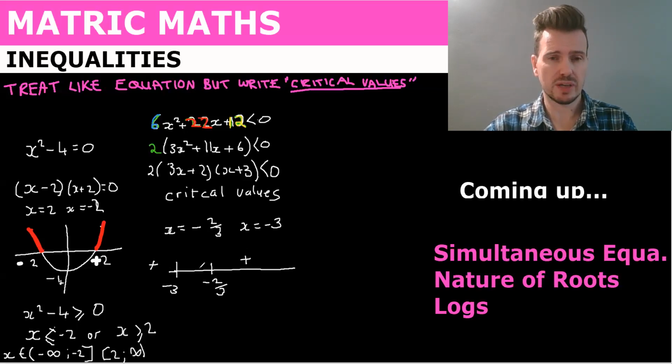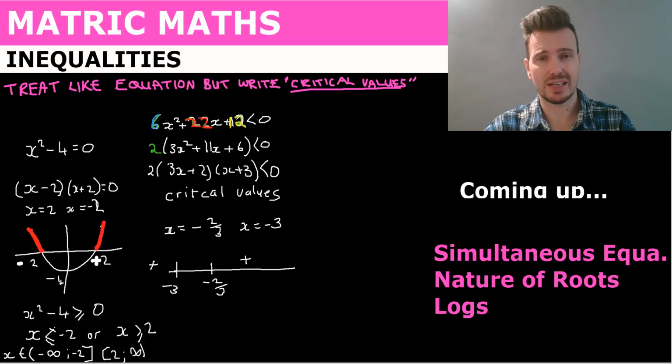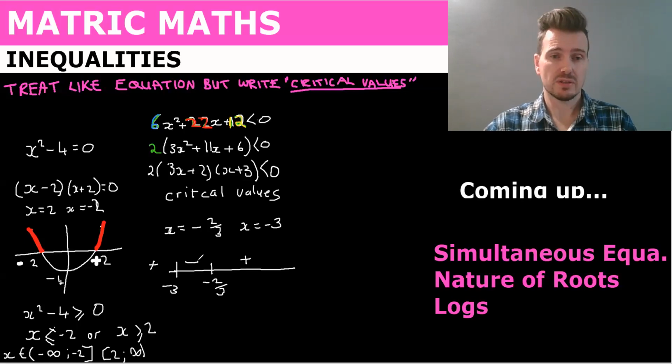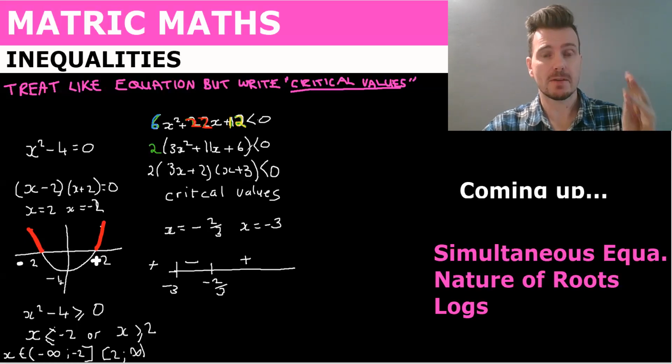And now we have to check in the middle of these numbers. So we try, say, negative 2. Negative 2 squared is 4, times 6 is 24. Minus 44 is minus 20, plus 12, minus 8. So that's a negative. We ask, what is this saying? It's saying this equation is less than 0.